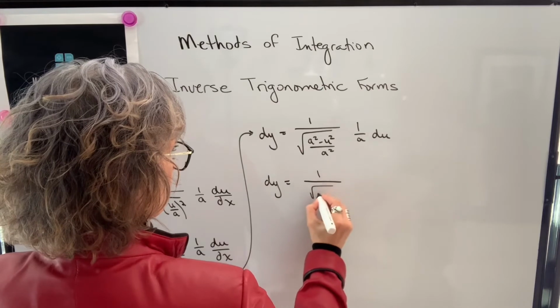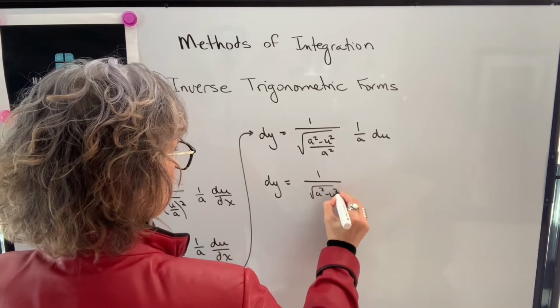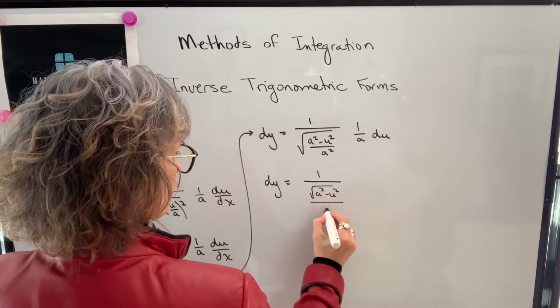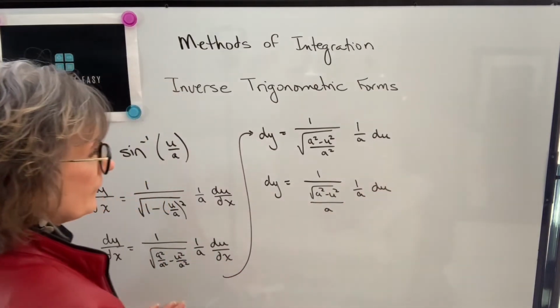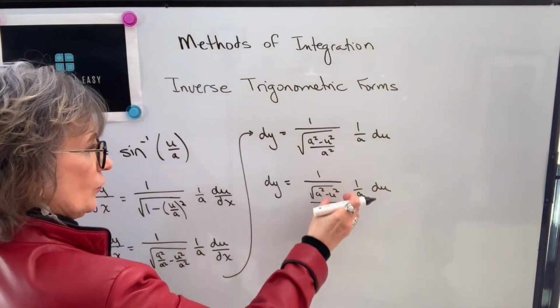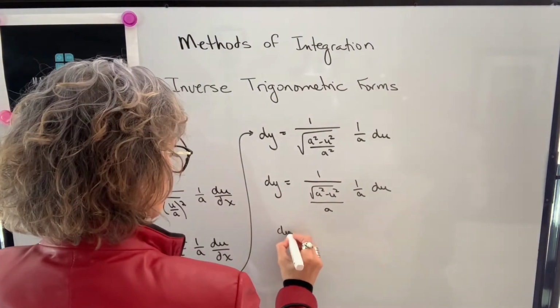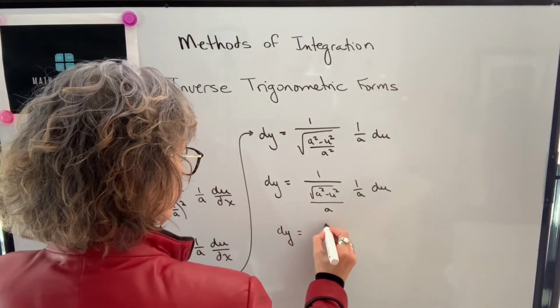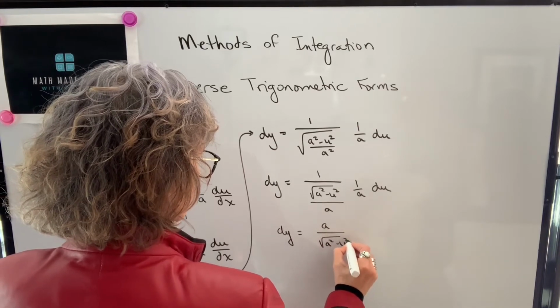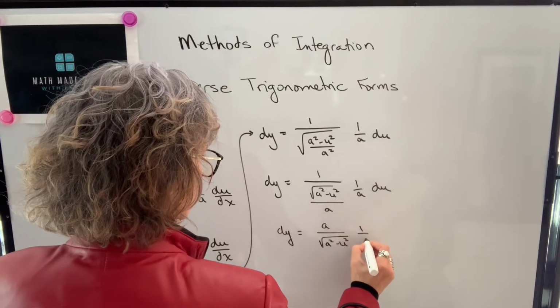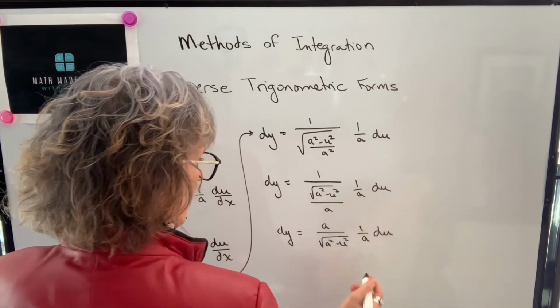So it'll be the square root of a squared minus u squared over the square root of a squared, which is just a. And if I take 1 over this, I can write that as the reciprocal. So it will be a over square root of a squared minus u squared. And the a's will cancel.